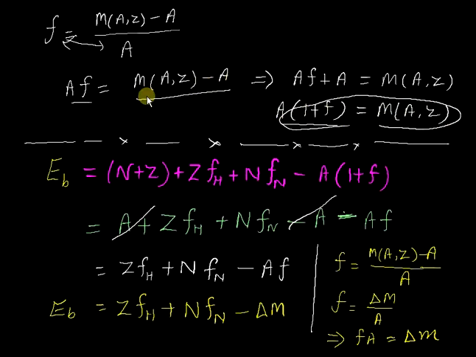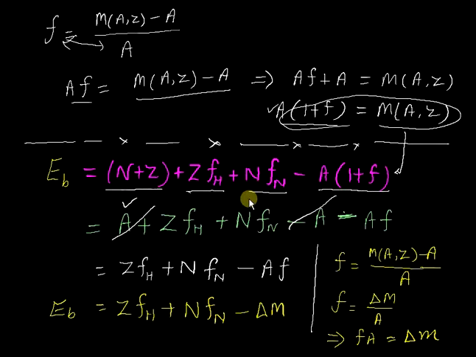So I can put this value of M(A,Z) as A(1 plus F). So we get N plus Z, plus Z F_H plus N F_n, minus A(1 plus F) instead of M(A,Z). And now further simplify it.